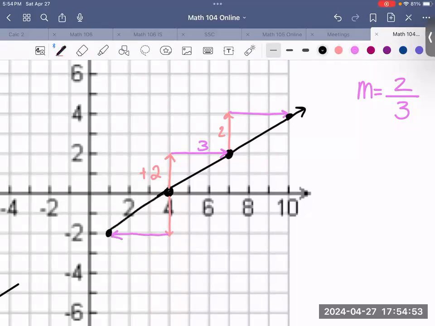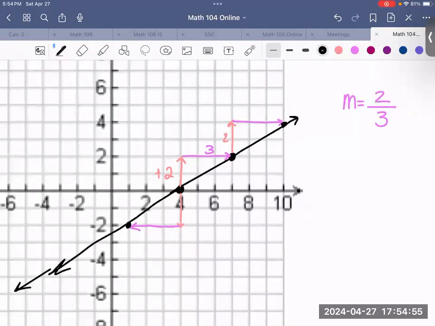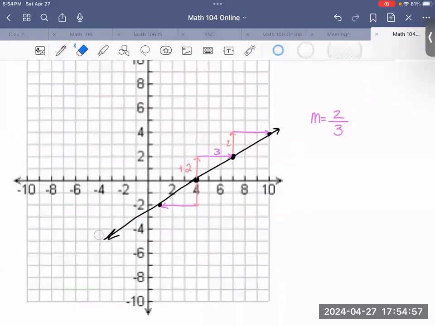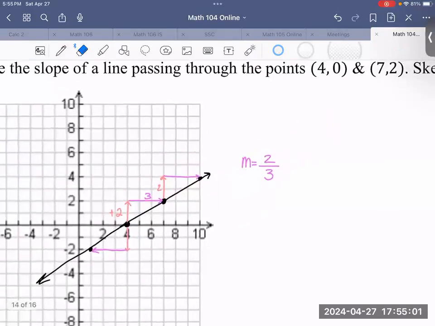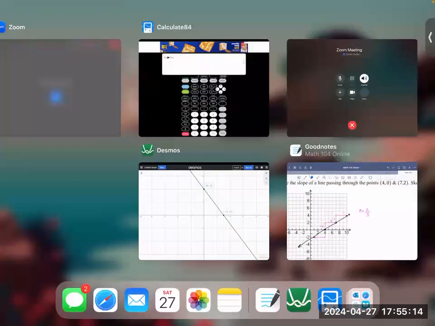And we can keep going as much as we want. Let me erase that line. So if that is your point, we can also find your y-intercept through it as well. But our big takeaway was figuring out, given 2 points and putting it onto your graph, can you determine your slope? Now let's have Desmos do the work for us.